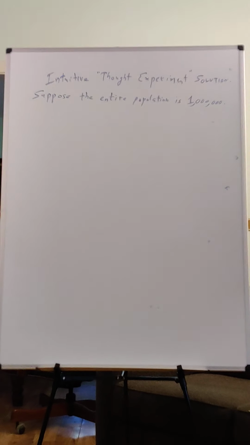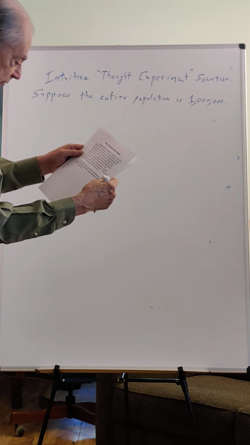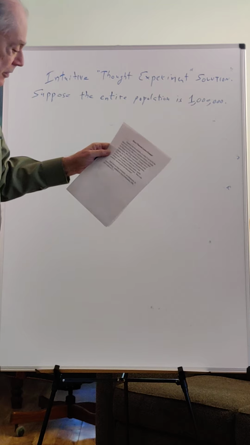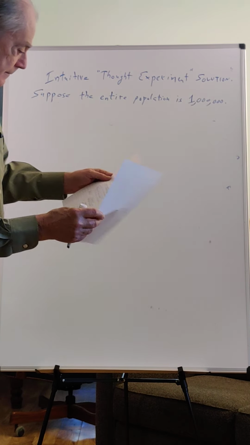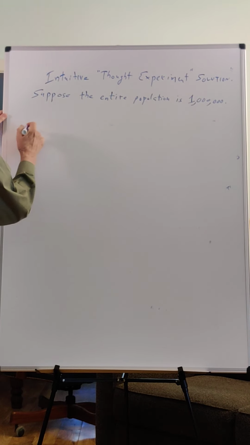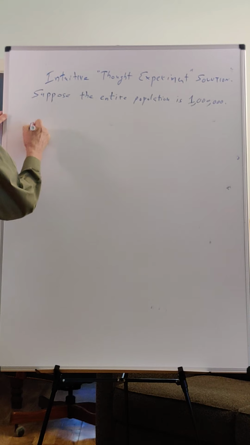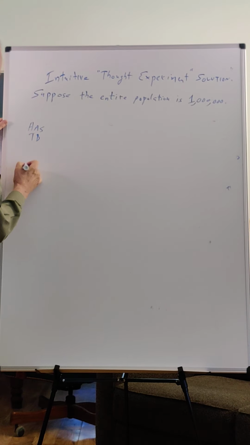So, what is the infection rate? That appears near the bottom of the problem statement. It says only 0.1% of the population has TB. So, let's make a table here. Has TB, doesn't have TB.